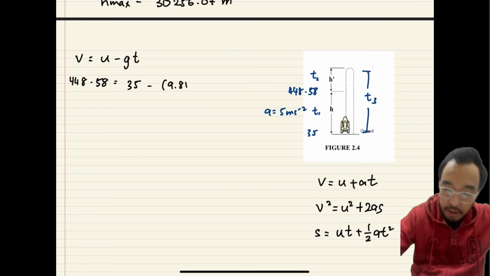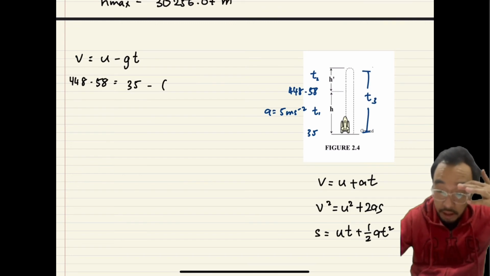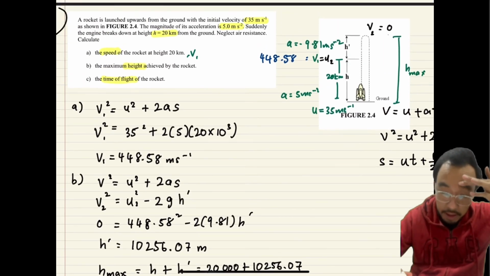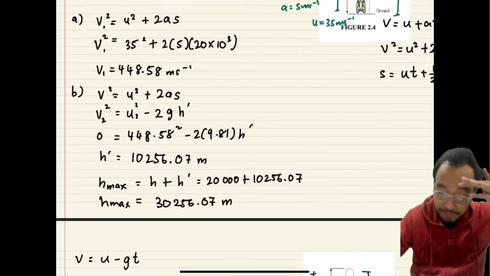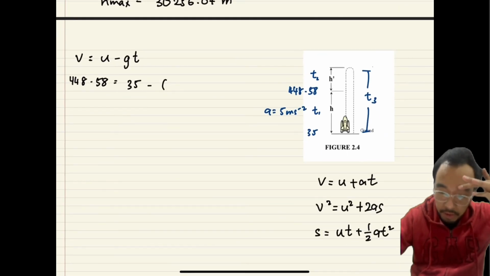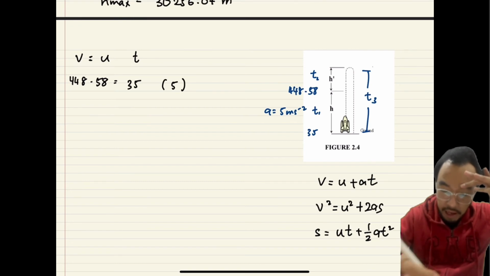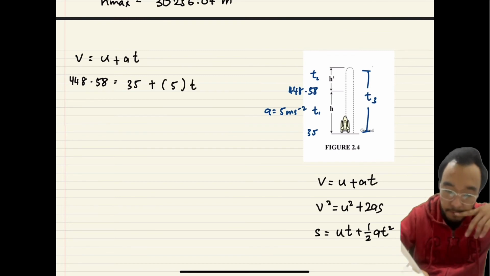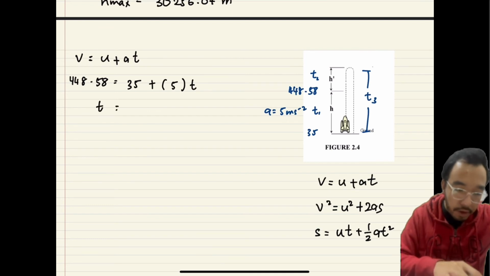Sorry, this time the rocket is still moving under the influence of the engine, so this one would be 5. I got it wrong. It's not a free fall yet. This one should be plus. Almost got it wrong.